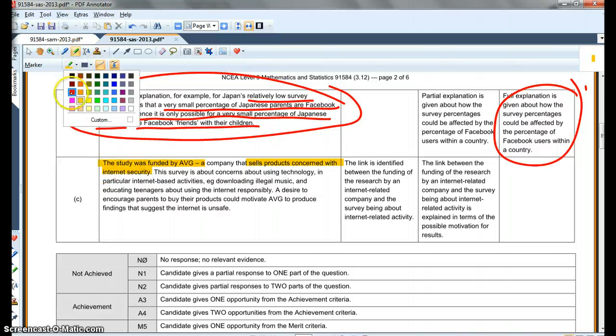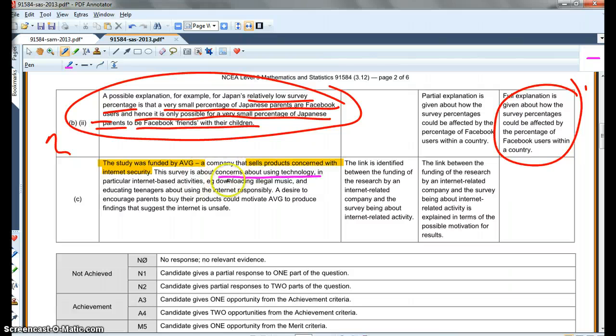Okay, so I hope I've got a pen back. Sorry. The survey is about concerns about using digital technology, in particular internet-based activities. So it's wanting to sell internet security, and it's surveying about downloading illegal music and educating teenagers about using the internet responsibly.